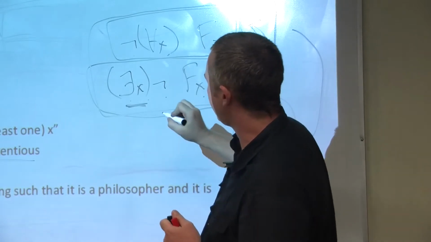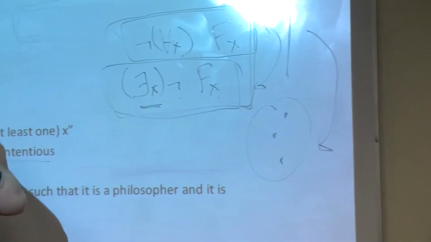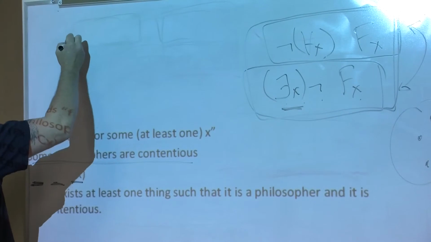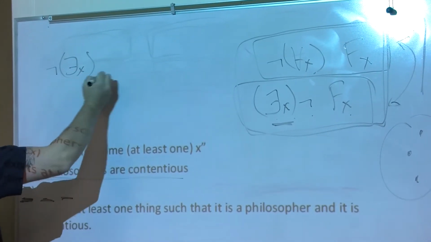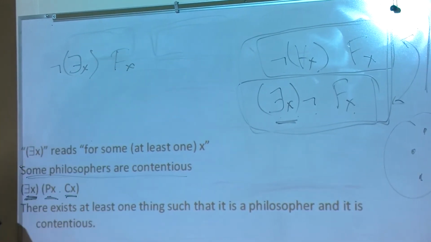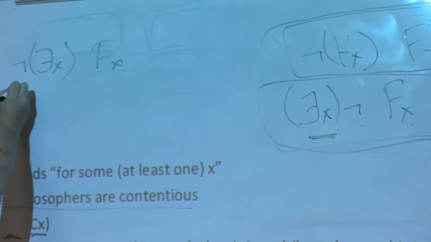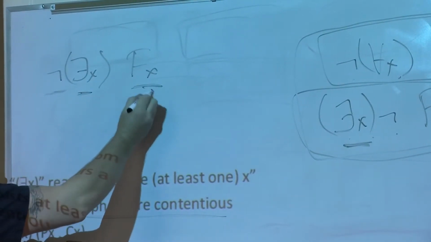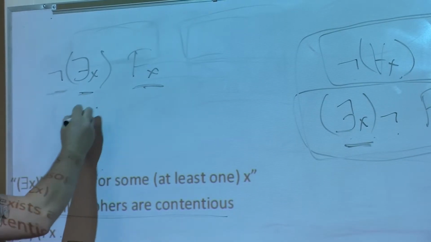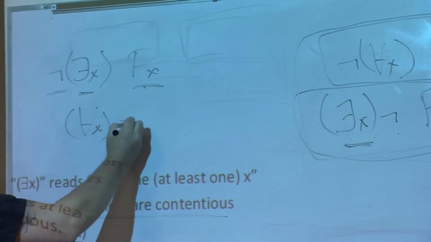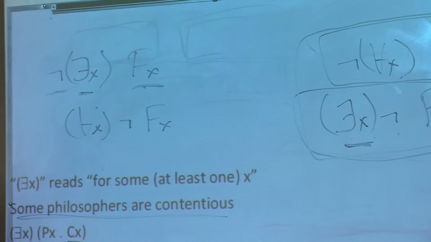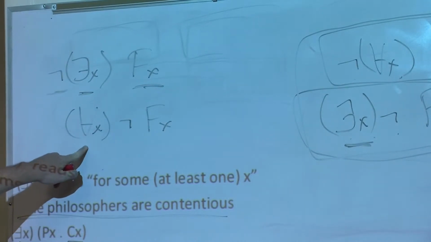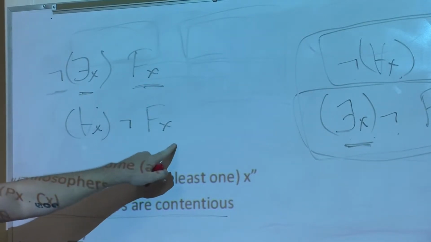So it turns out that when we have the negation, let's pick a different one. Let's say this says, it's not the case that there is some x such that x is friendly. It turns out that that is equivalent logically to everything is such that it's not friendly.